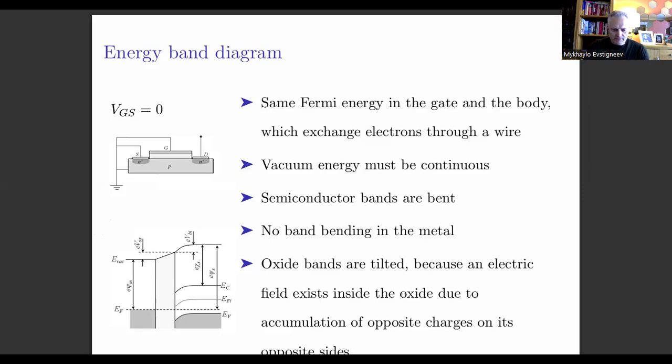As a result, the Fermi energy becomes the same. Now we have the vacuum energy. This is the vacuum energy on the metal side, this is the vacuum energy on the semiconductor side, and this is the vacuum energy in the oxide.